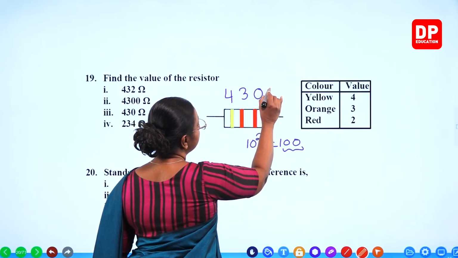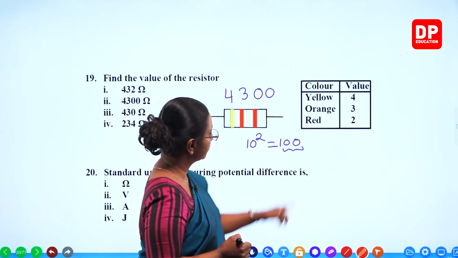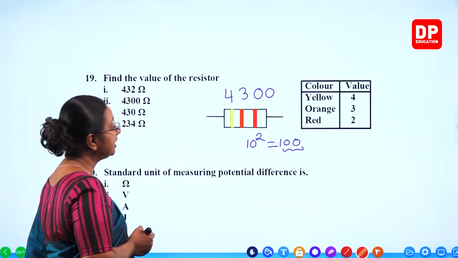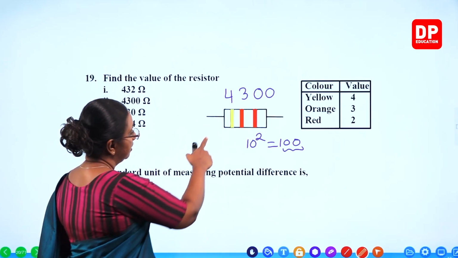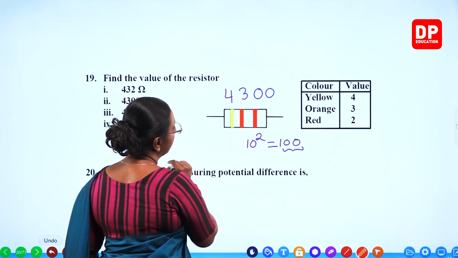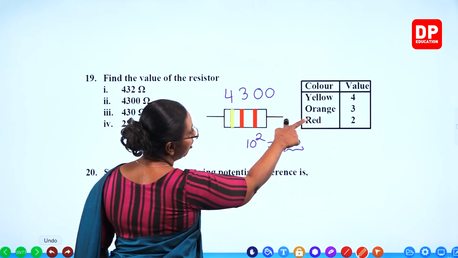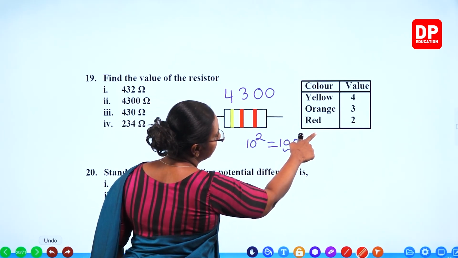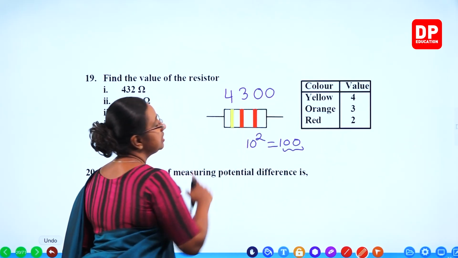Red value 2, you add 2 zeros. Is that clear? Write the first value, yellow color 4. Second color orange 3, you write the value. Third color red 2 means 2 zeros.